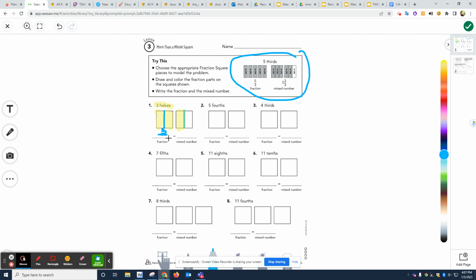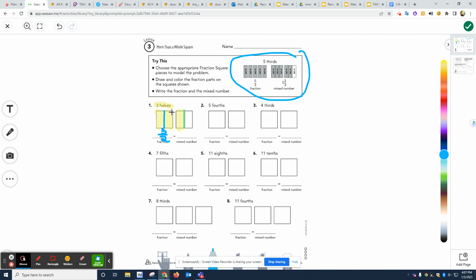And my denominator, if we remember from yesterday, is the total parts that the whole has been cut into. In this case, the total parts the whole has been cut into is 2. I also know that half means 2. So my fraction is 3 over 2. A numerator of 3 and a denominator of 2.